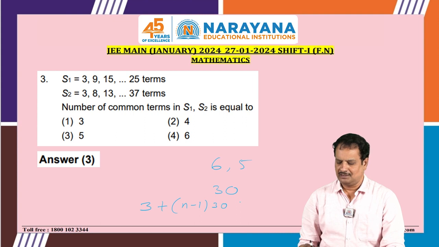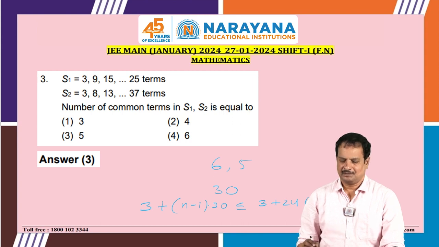This should be less than or equal to the 25th term of the first one. So what I mean is 3 plus, that is 25th term minus 1, which is 24, into common difference 6. When you simplify this one, you are going to get the value of n as 5.